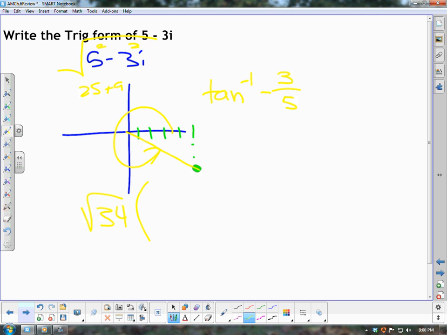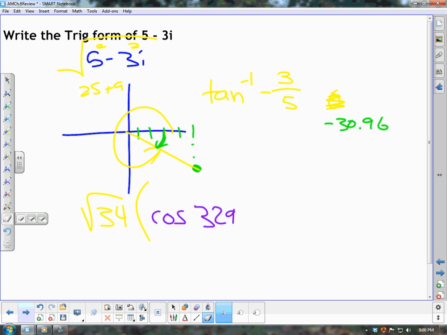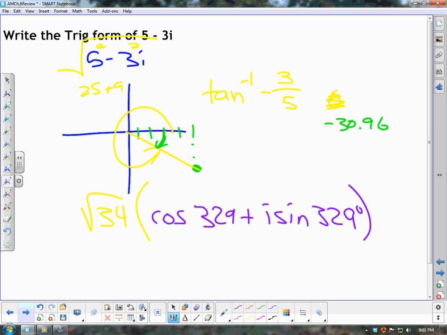This angle would be negative 30.96 degrees. So then we would say square root of 34 times cosine of 329 plus i sine 329. And there's the trig form.